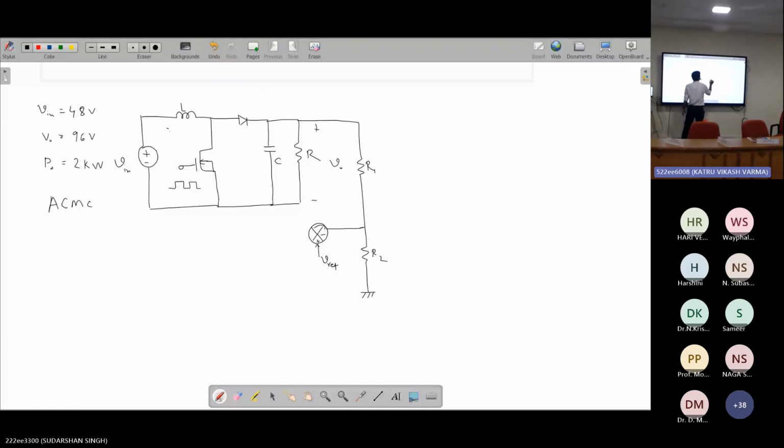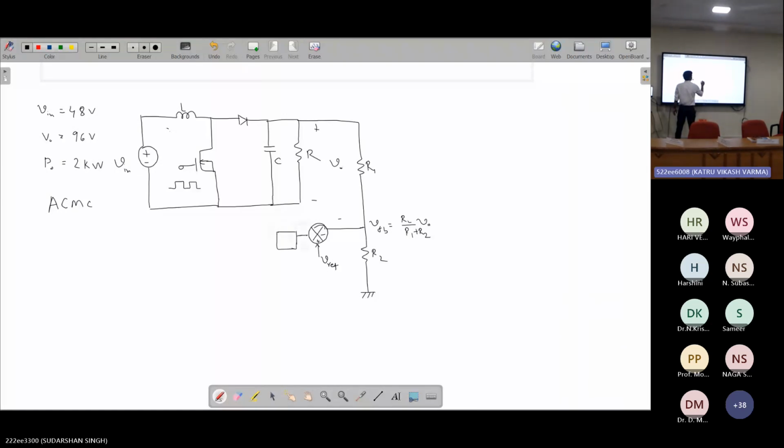So this is basically your V feedback at this point, which is nothing but R2 by R1 plus R2 into V0.